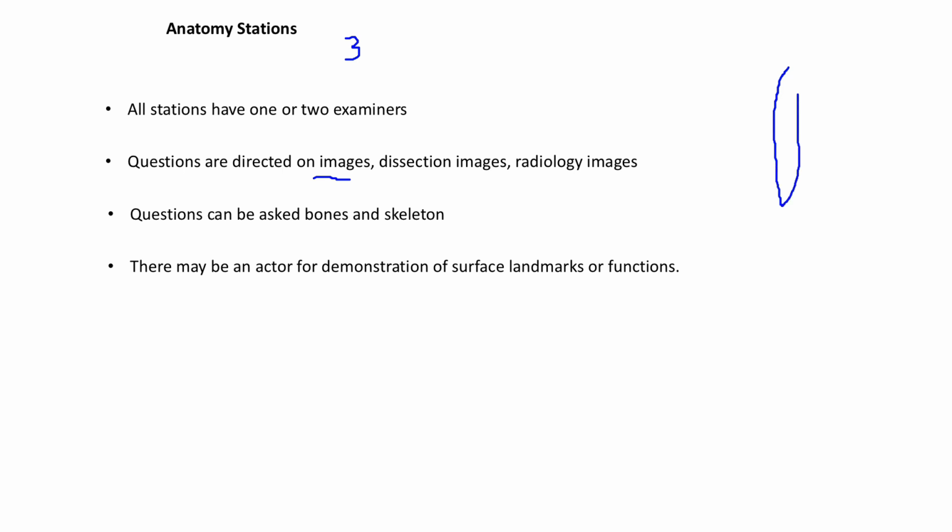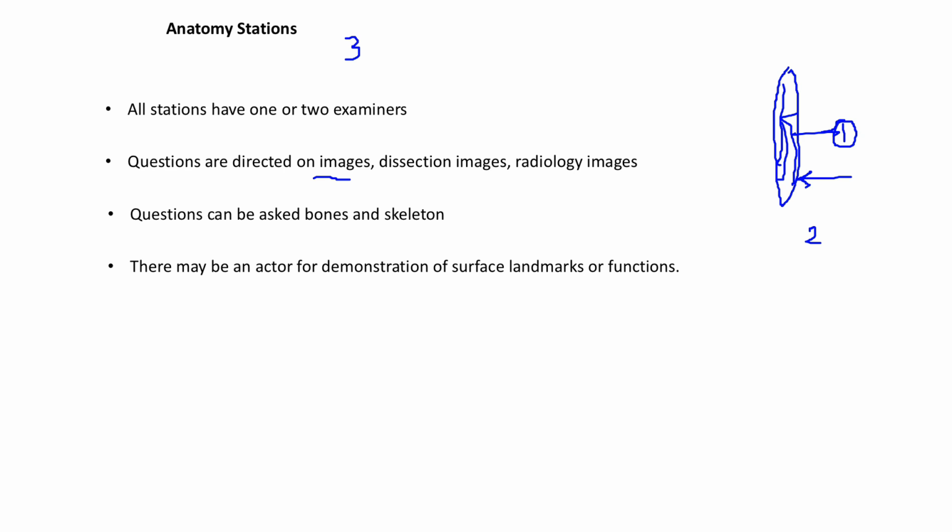Suppose this is an image of biceps muscle, and they say what is the name of this structure. This will be one question. What is its nerve supply, and then what are its 2 actions.